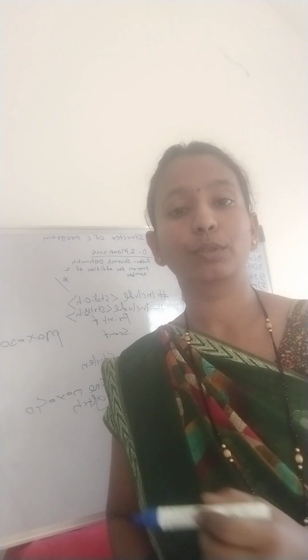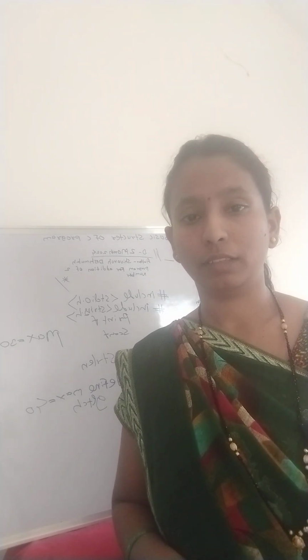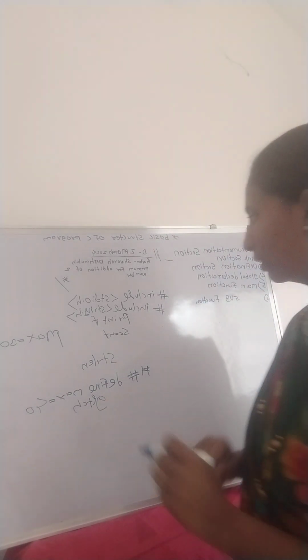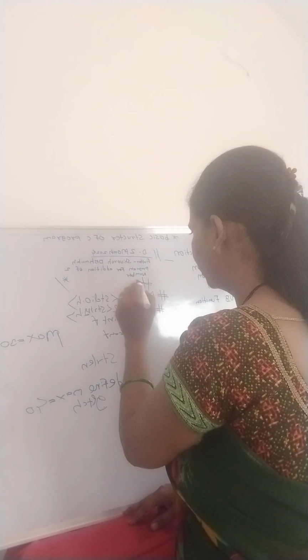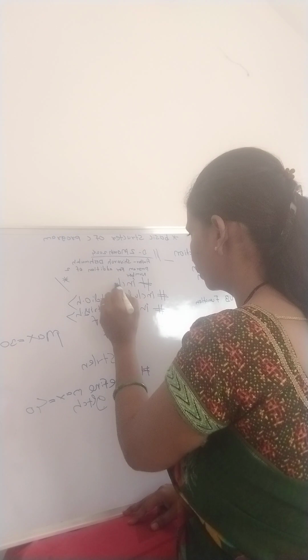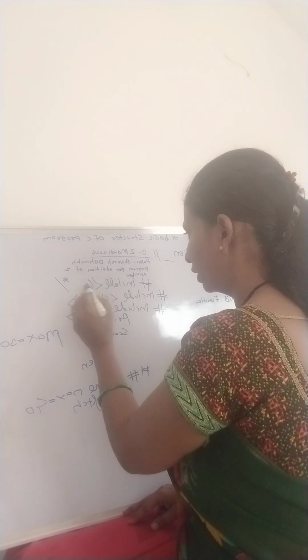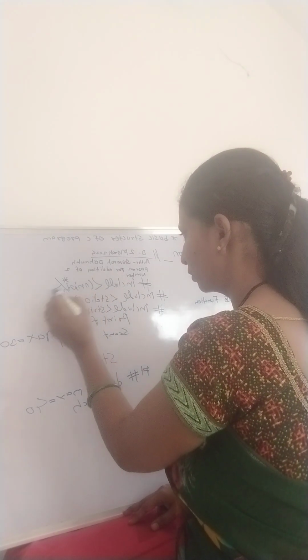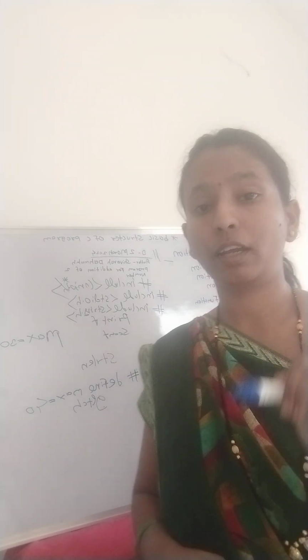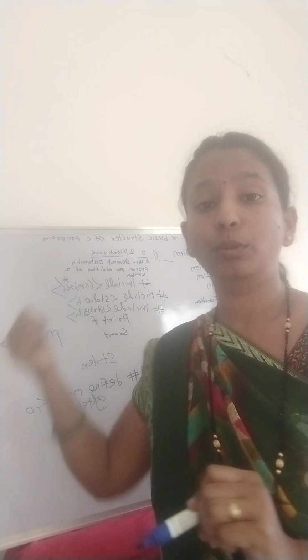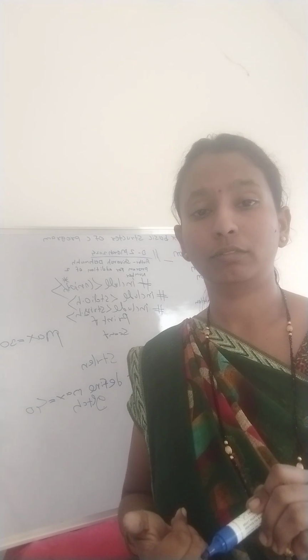This function is used to hold the output screen, and the header file for getch is #include <conio.h>. When I use getch in my program, I have to include #include <conio.h> in my program.